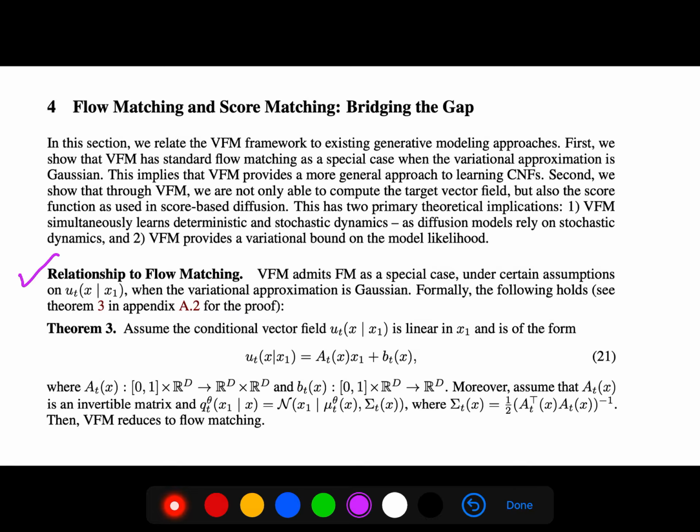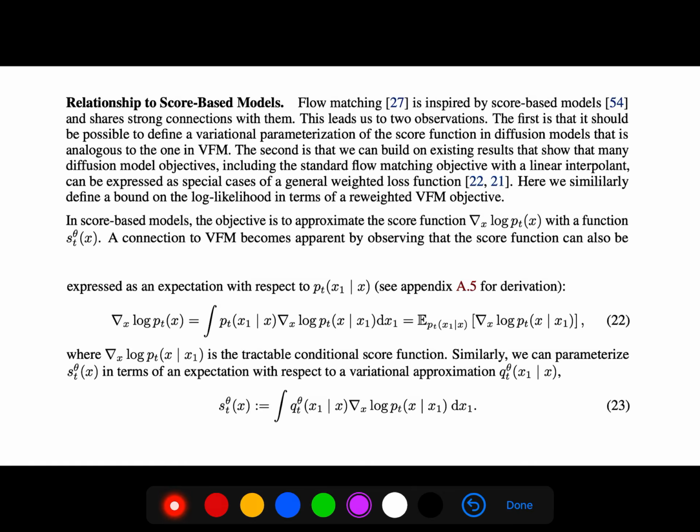So assume the conditional vector field is of this linear form, and A and B look like this, then variational flow matching reduces to flow matching. Of course, this A is an invertible matrix, and B_t is a function like this.